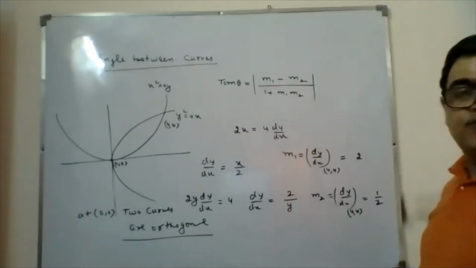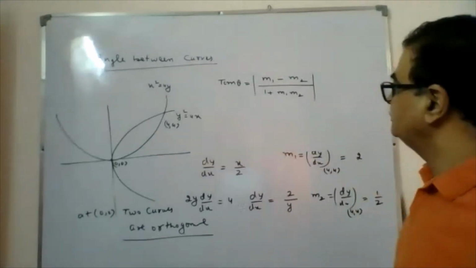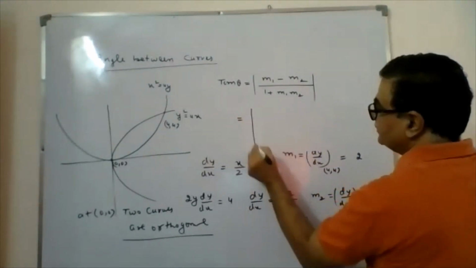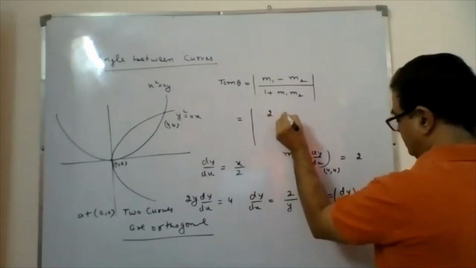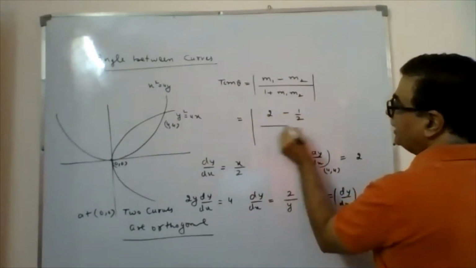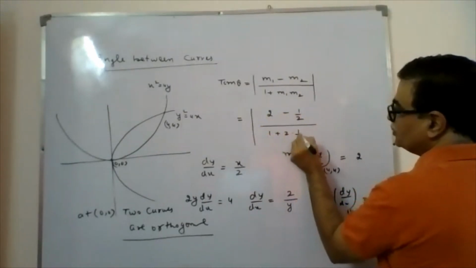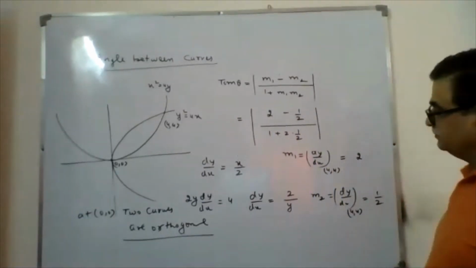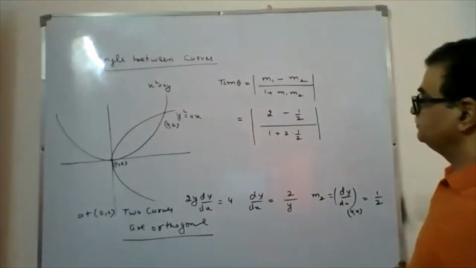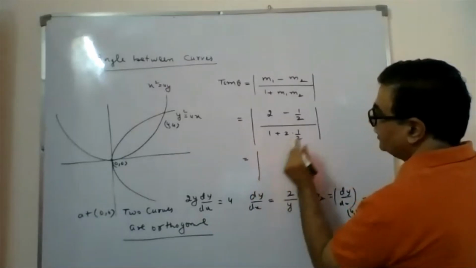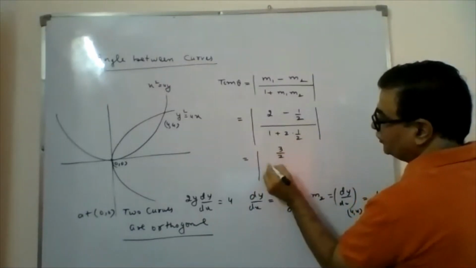So can you use this formula? Yes, I can use it. And that formula says tan theta will be (2 minus half) by (1 plus 2 into half). Now when you solve it, it will come out to be 3 by 2 in the numerator.